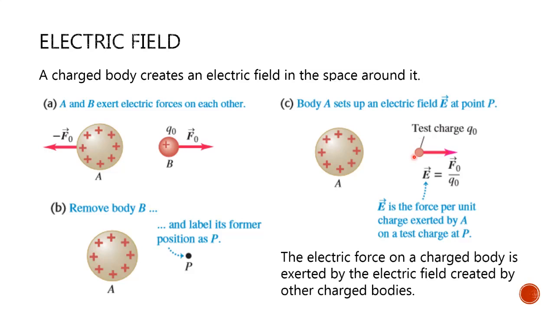So the electric force on a charged body is exerted by the electric field created by other charged bodies. At this point, A is exerting a certain force over this test charge.